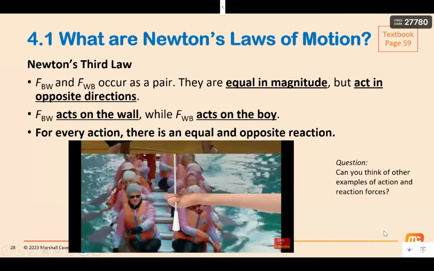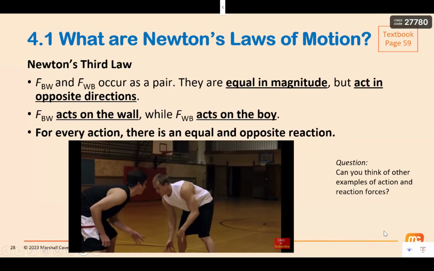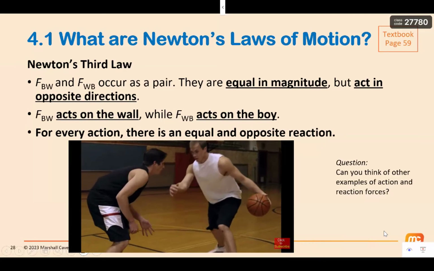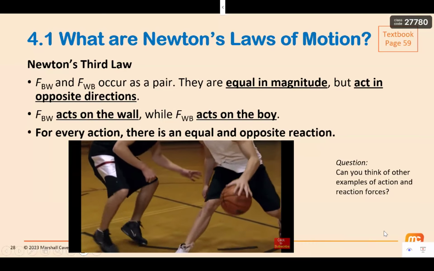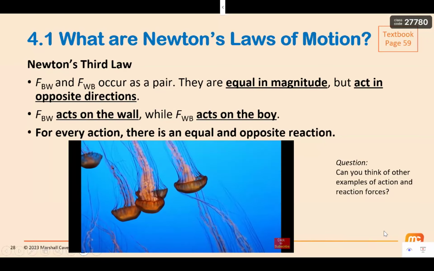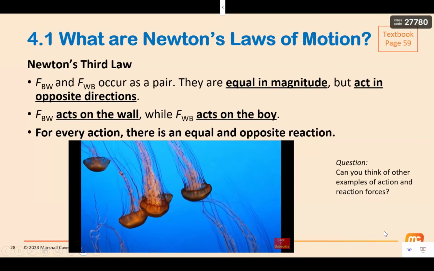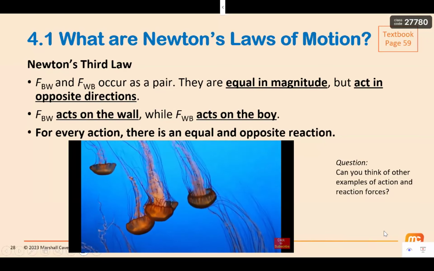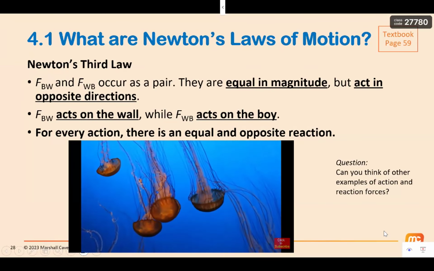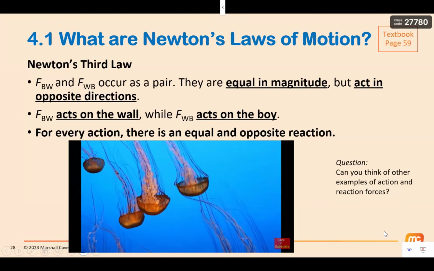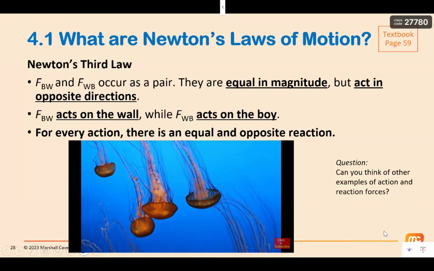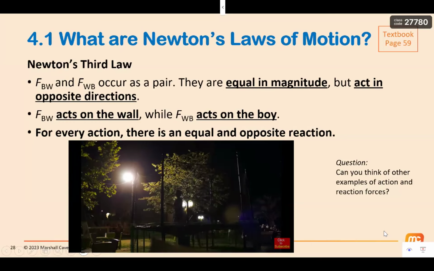This basketball bounces upward because it first goes down and the basketball court gives a force upward which causes it to bounce. Look carefully at this jellyfish. In order to move forward, it moves its body backwards, and the water has an opposite reaction and forces the jellyfish forward. Jumping on a trampoline is the same way.